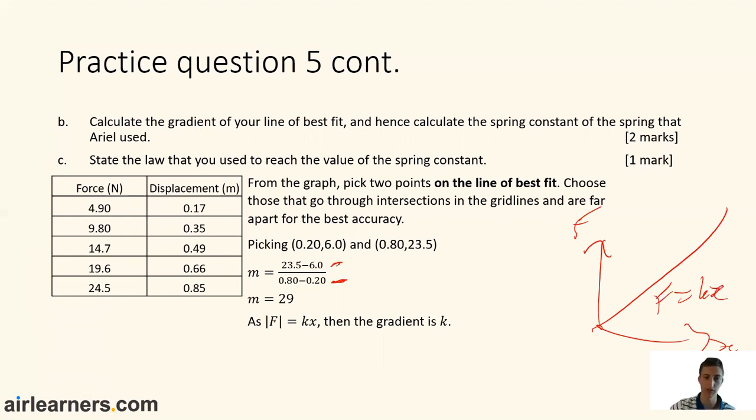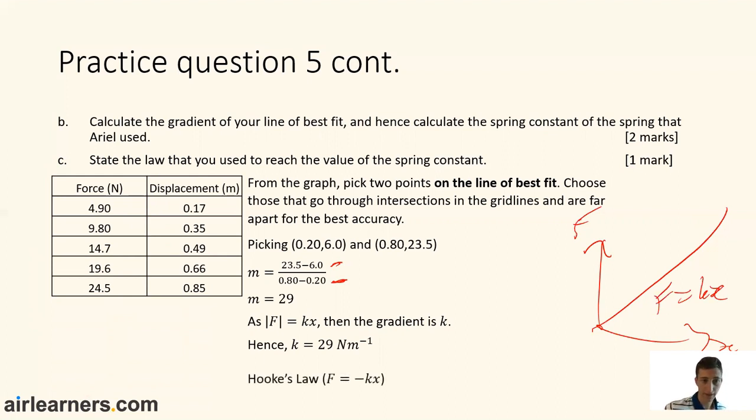Because we want to assume that the y-intercept is 0, and you'll find your line of best fit goes very close to it, we can say that the gradient is K. So K, the spring constant, is 29 newtons per meter. You have to give the correct unit here, and that correct unit is newtons per meter.